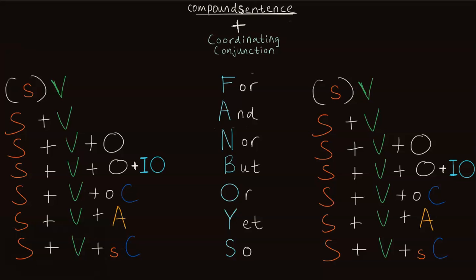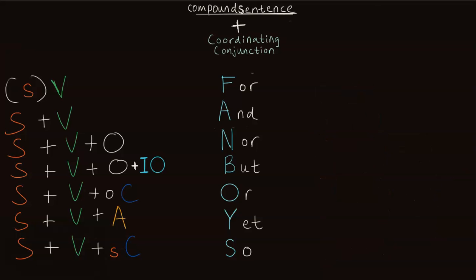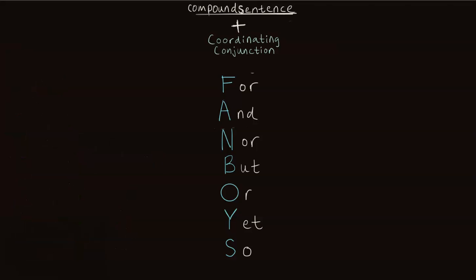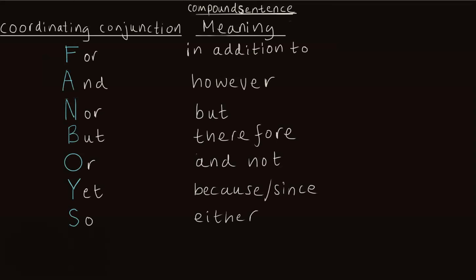So to understand sentences, you must understand what your coordinating conjunctions actually mean. So let's do a quick activity. I want you to look at each coordinating conjunction, and I want you to match the definition, the meaning, to the coordinating conjunction. Okay, so pause the video, and in a second I will go through these with you.